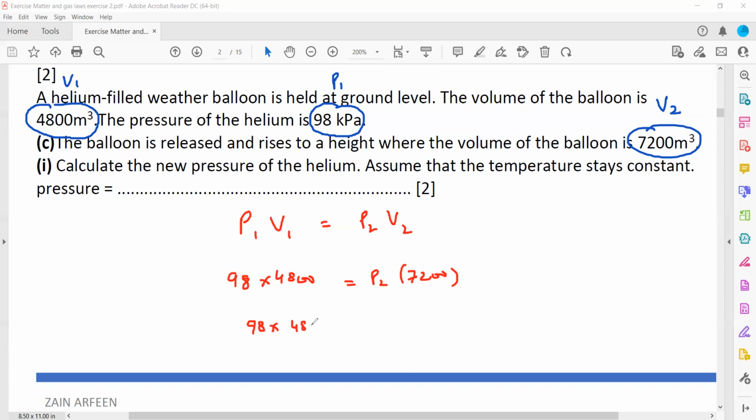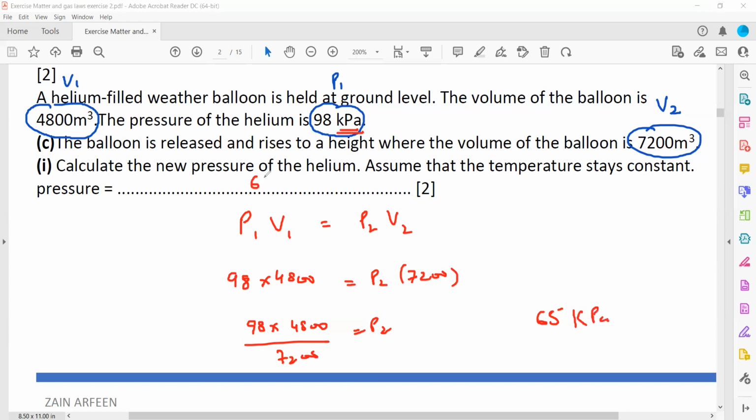So 98 multiplied by 4,800 divided by 7,200. When we multiply 98 by 4,800 and divide by 7,200, this will give us the new pressure, which is about 65,000 pascal or 65 kilopascal. So the new pressure after solving is 65. Because the first pressure was in kilopascal, the final pressure is also in kilopascal.